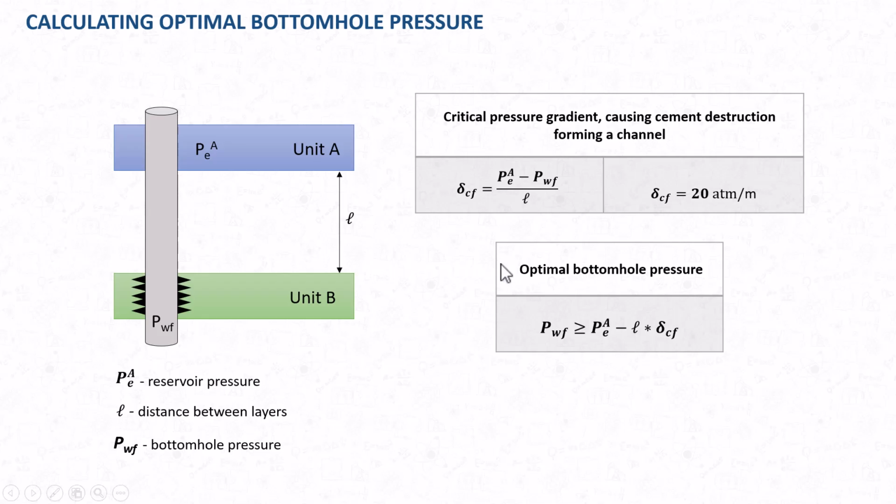So it means that the optimal bottom hole pressure, let's say in a producer, would be more than the reservoir pressure in the overlaying unit, which can be assessed with the formation pressure testing, minus the height between the layers, the thickness of a shale rake, multiplied by the critical pressure gradient.